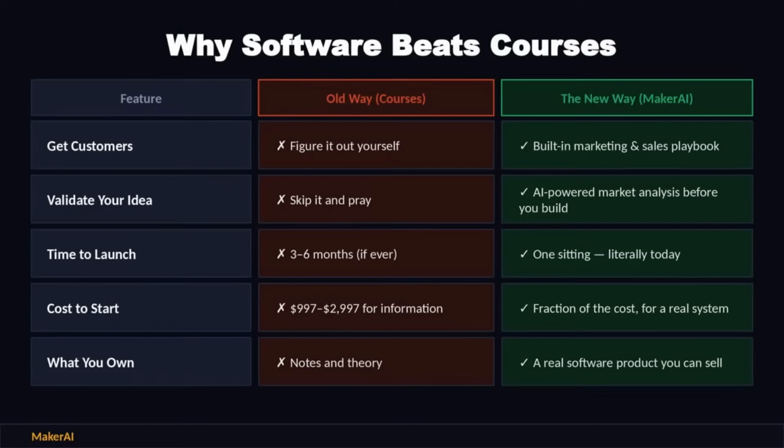Because at the end of the day, it used to be about people wanting a course to consume 10 to 20 hours of knowledge. But now the easier, better thing is to sell someone a tool that will do it for them. Can you just give me a 1 in the chat if that makes sense? I want you to just understand what I'm saying. For the consumer, it's easier to sell someone something that does it for them than to make them consume 10 hours of content before they have to then go manually do it themselves.